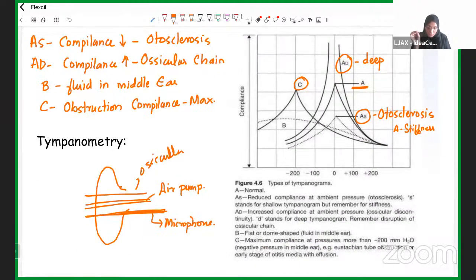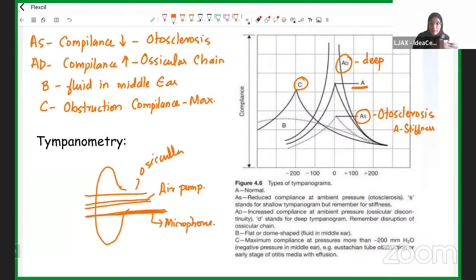So let's reread it. A wave is a normal wave. As means stiffness, seen in otosclerosis. As is decreased compliance. Ad is increased compliance. It is disruption of the auricular chain. It is a deep wave.